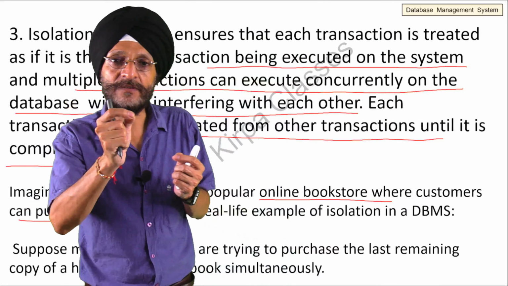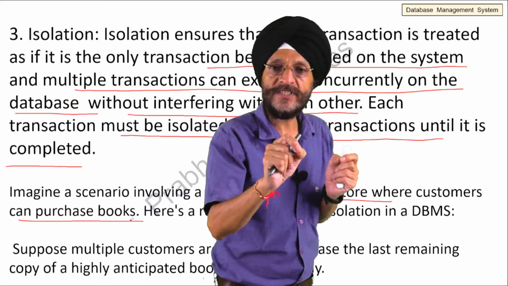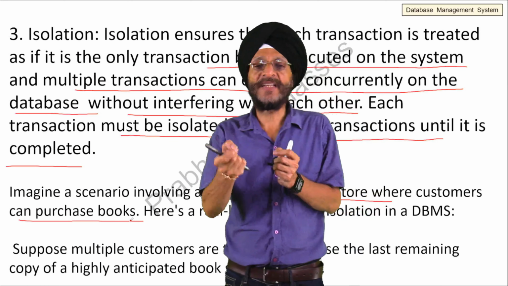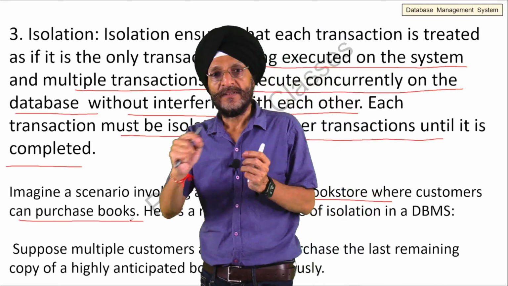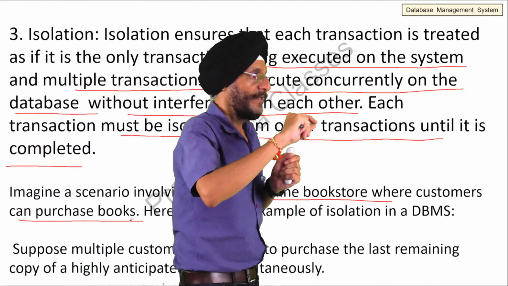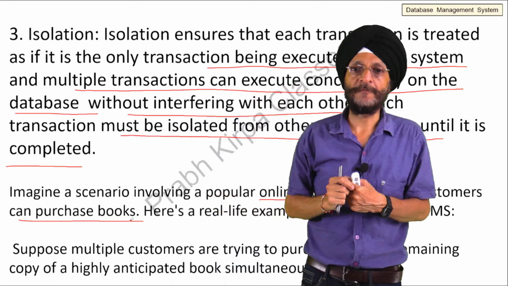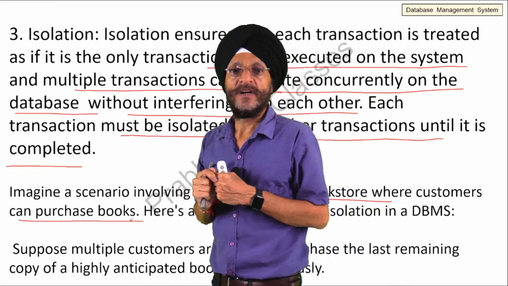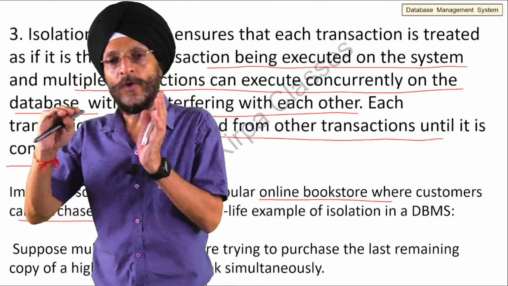Suppose customer A approaches the site milliseconds ahead of B. That customer chooses the book he wants to purchase, he makes the payment, and the said book is allotted to or booked in his name.